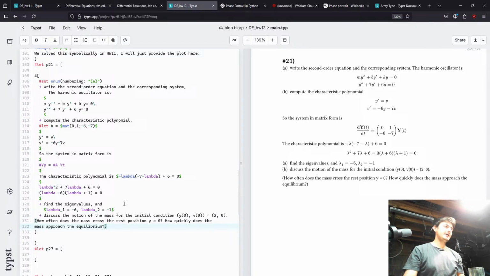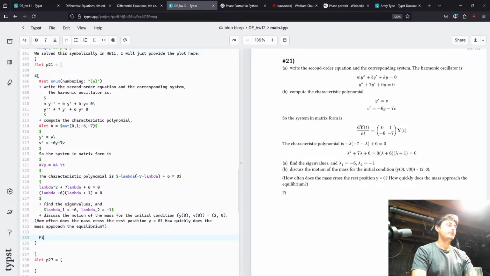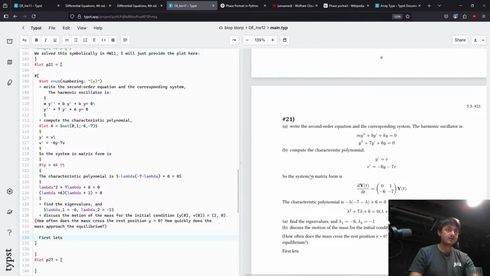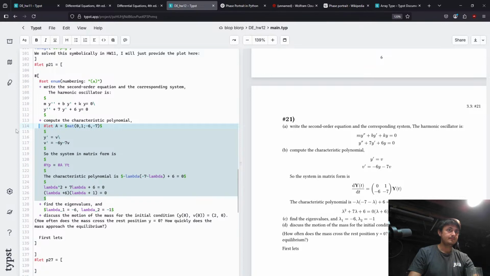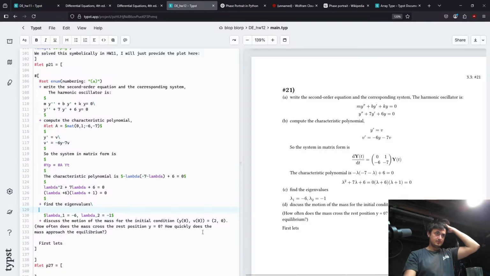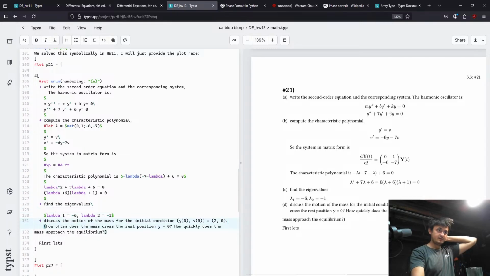Okay, so to find the, all right, so first we gotta fix this. This is always really annoying. A, B, C, D. Does this have a, yeah, that's what I thought.